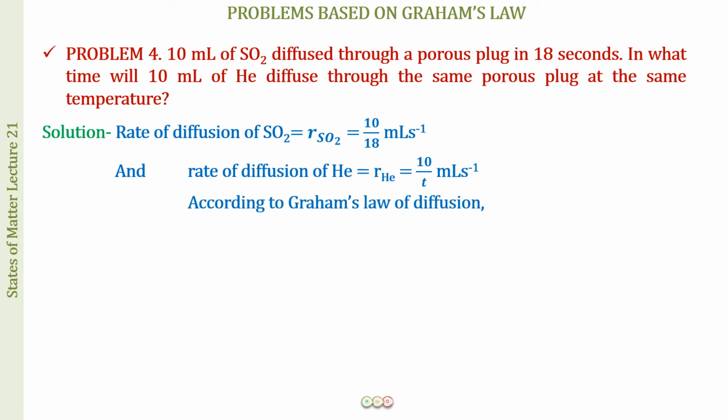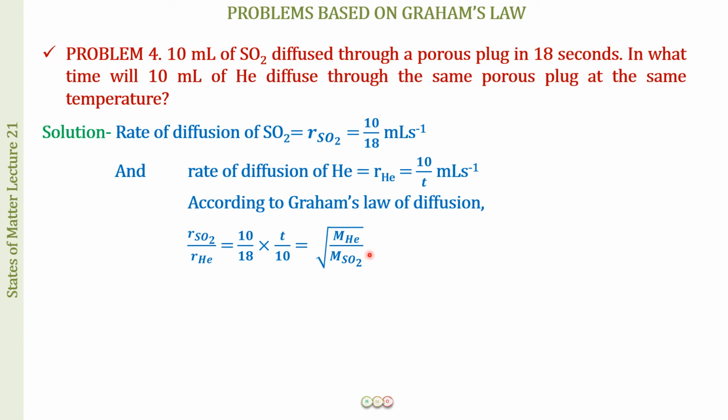So again, according to Graham's law, we can put R1 by R2 equal to under root of M2 by M1. So the rate of diffusion of sulfur dioxide divided by the rate of diffusion of helium, which is given to us as 10 by 18, that will be divided by 10 by T. So this will come as 10 by 18 into T by 10.